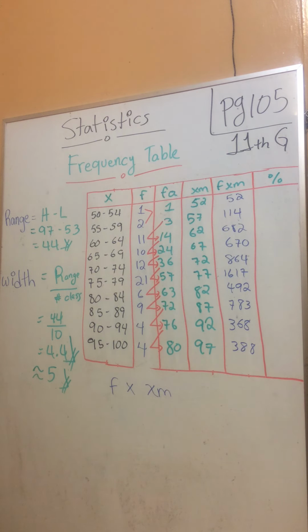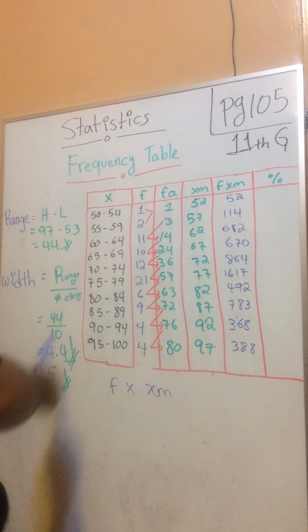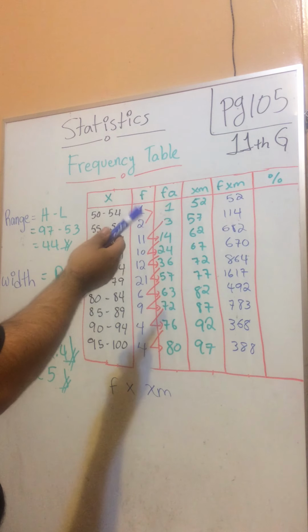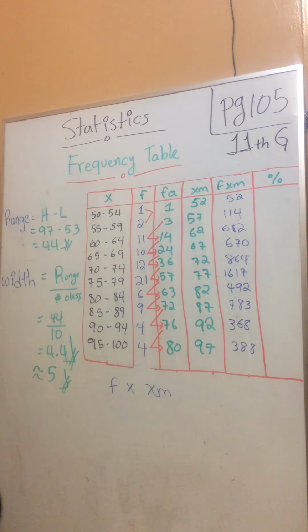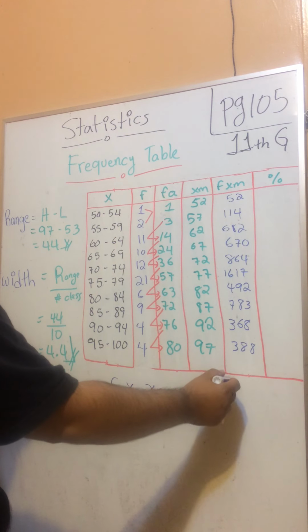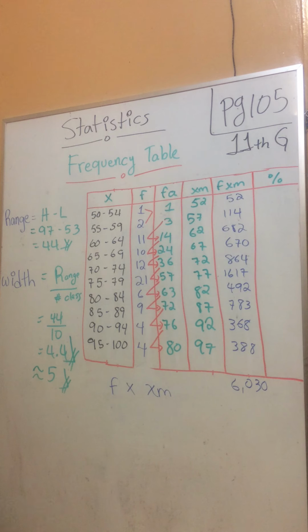Now, how do we get to this number? We're multiplying the frequency times the class mark. So, what do we need this number for? The addition of all of these numbers is going to give us 6,030. Why do we need this information?